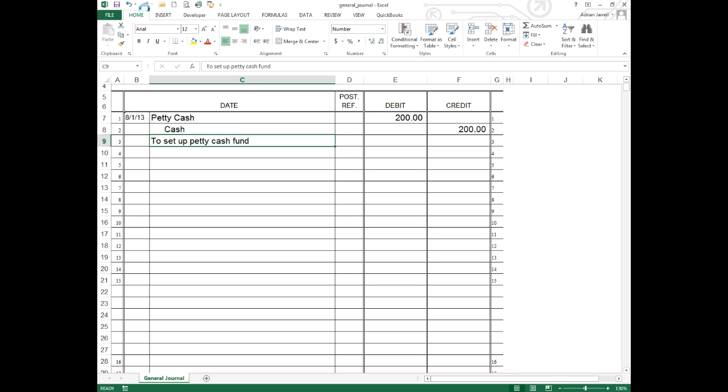Very simple entry. It's interesting then, let's say on the 15th of the month we've given some people some petty cash to use for a trip, and say we gave them $100, and they had meals expense.